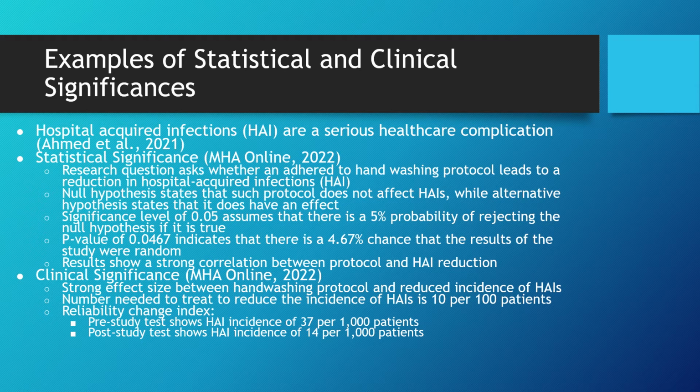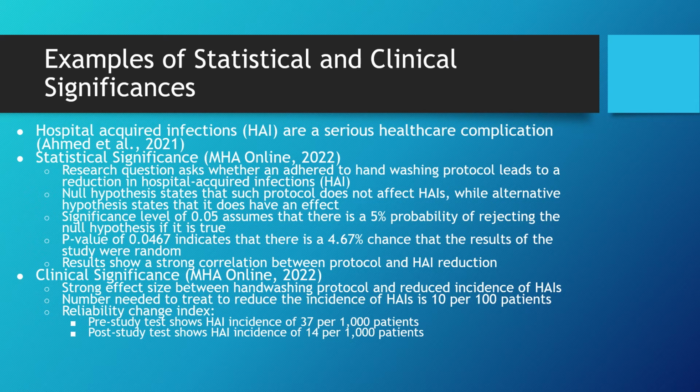Significance level of 0.05 assumes that there is a 5% probability of rejecting the null hypothesis if it is actually true. P-value of 0.0467 indicates that there is a 4.67% chance that the results of the study were random. Results show a strong correlation between protocol and hospital-acquired infection reduction.